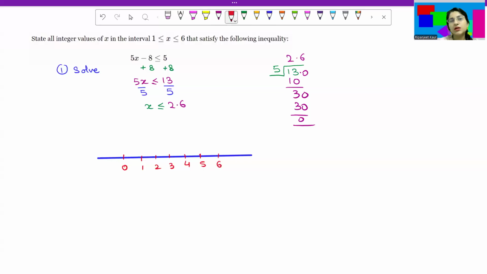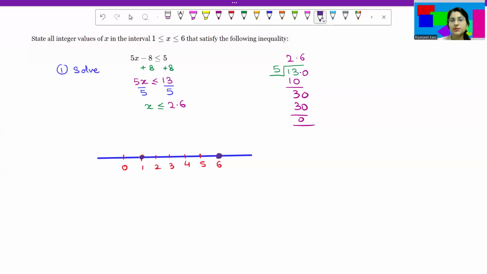They are saying the interval is 1 to 6 only. 1 and 6 are included. So from here till here, 1 to 6 they are saying.